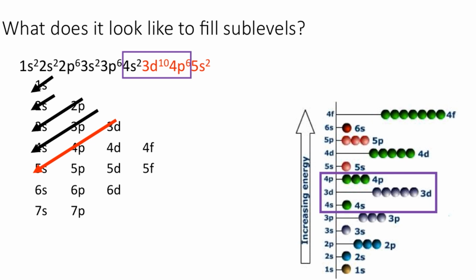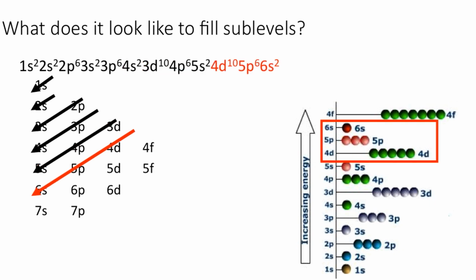This means that the D sublevel is always going to be 1 energy level lower than both the S and P sublevels that surround it. Also, remember that the D sublevel contains a total of 5 orbitals, which means 10 electrons. After the 4p fills, the 5s sublevel fills, followed by 4d, then 5p, then 6s.